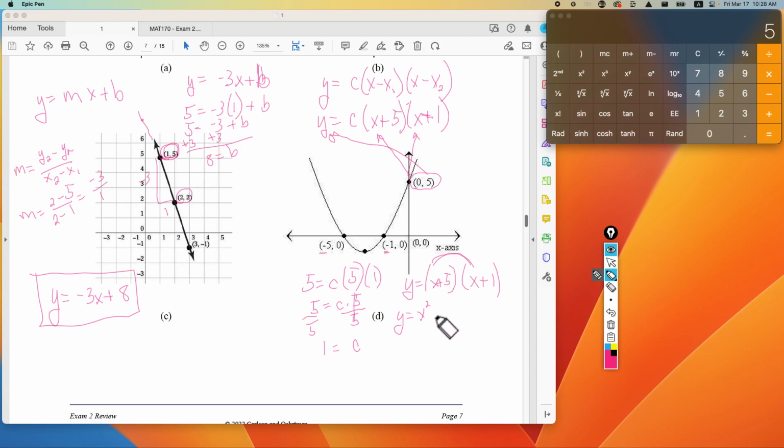X times 1 is plus 1x. 5 times x is plus 5x. And 5 times 1 is 5. So you'll see y equals x squared plus 6x, 1 plus 5, plus 5. So that's going to be the final answer for that one. Finding equations given a graph.